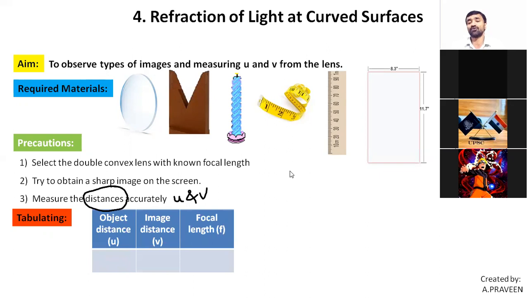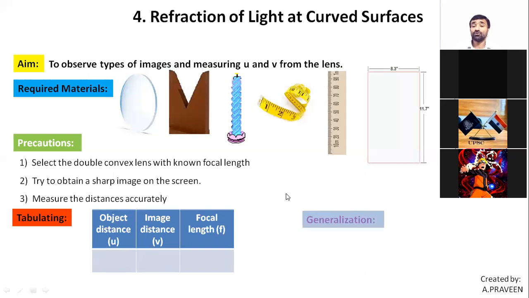Then finally you find the focal length by giving a relation between u and v, or using directly the formula 1 by f equals 1 by v minus 1 by u. We will derive this formula in the next class. So these are the precautions we follow, noting the observations in the given table. After completing the table, you go for generalization.